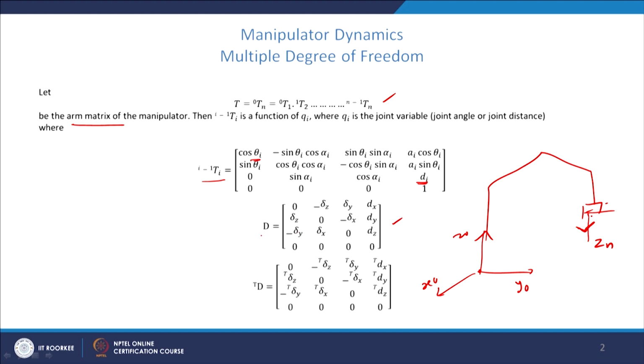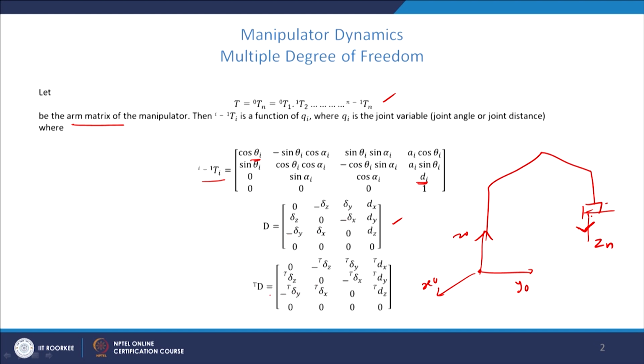Now, the differential transformation D represents a matrix which contains dx, dy, dz and del x, del y, del z, which are the translational and rotational velocities of a particular joint with respect to the base frame.